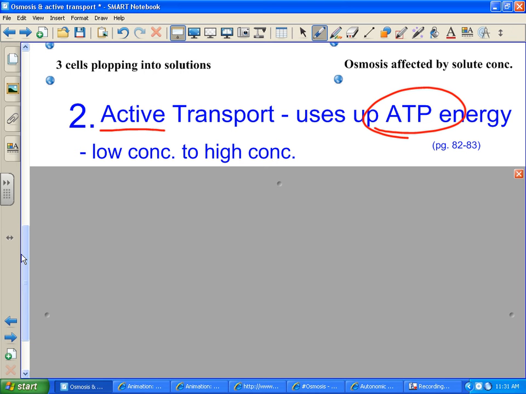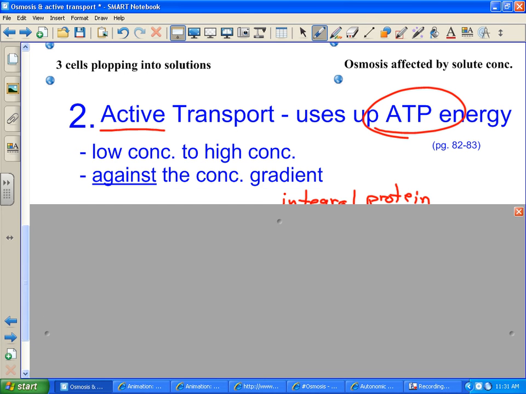Same thing with your cell. If I've got a whole bunch of stuff on the outside, it's going to take a lot of energy to try to push things into that. It wants to come in, and we're forcing it to go out. Low to high. It's reverse. So we say it's against the gradient.